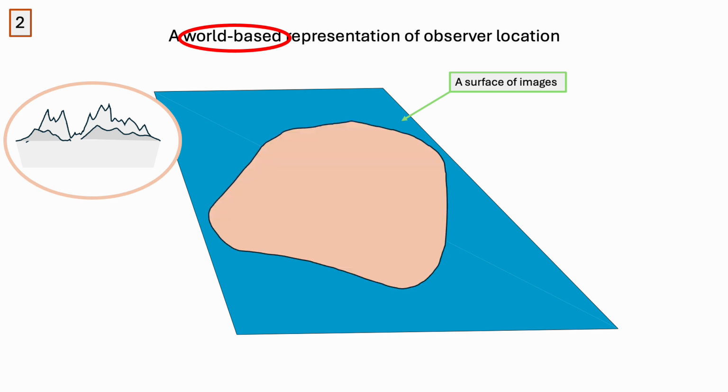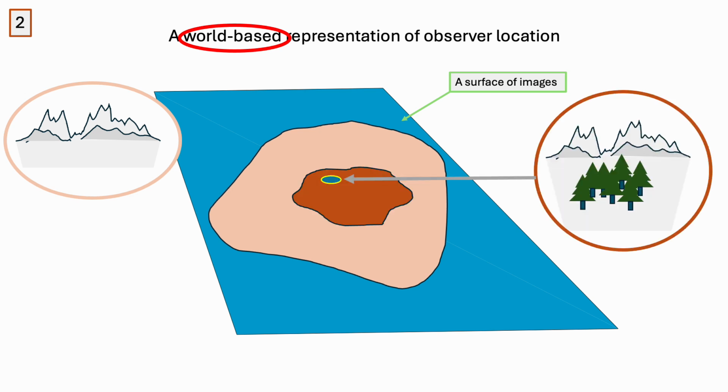And so if we think about this surface of images, all the images where the angles between the mountains are the same, there could be many of them because the mountains are very far away and angles between them don't change. That's less true for the forest.